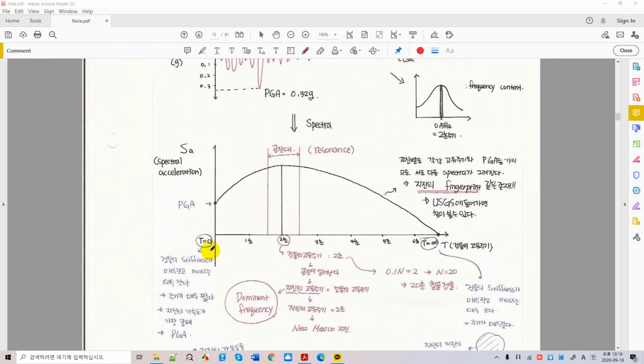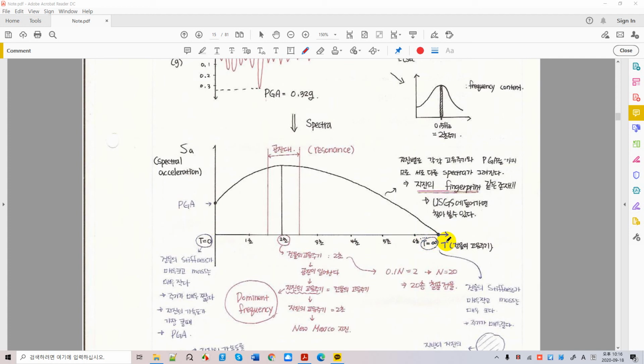So what happens when T is equal to 0? When T equals 0, it means the building is very stiff. When T goes to infinity, then what can you say? The building is very flexible, right?